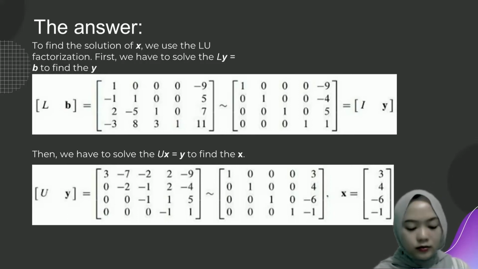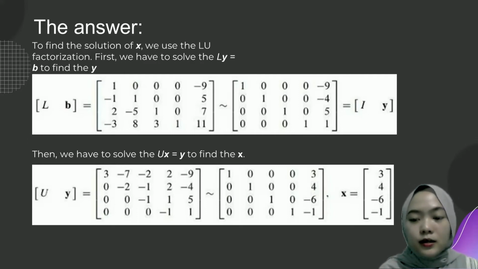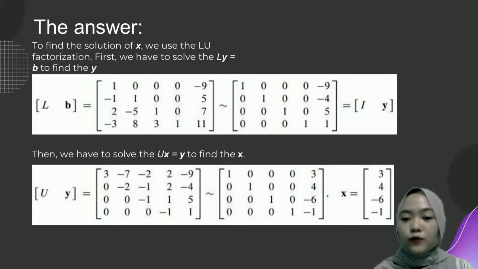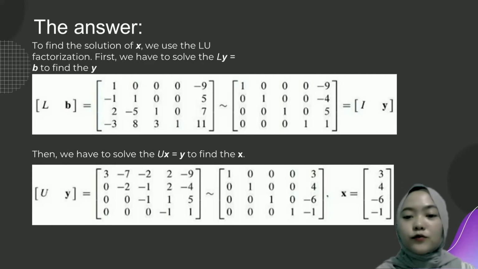After we've got the matrix y, we can start to find x. We use Ux equals y to find x. Same as before, we use reduced row echelon to find x, and we get the result that x is 3, 4, -6, and -1.